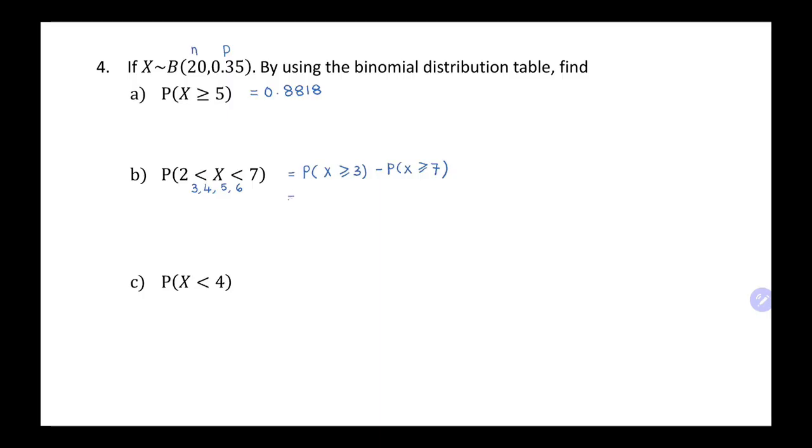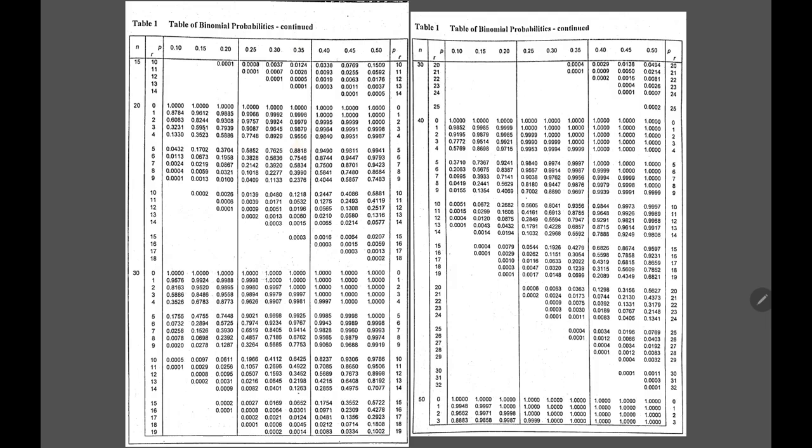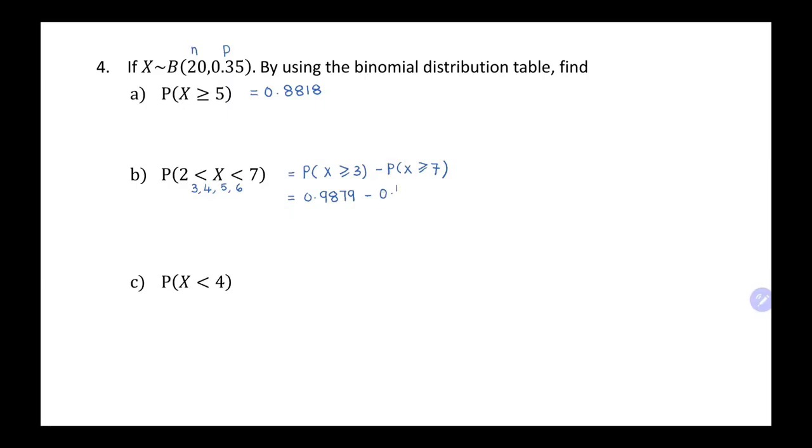So we put the answer 0.9879. Then we minus P(x greater than or equal to 7). So we look at r equals 7, and r equals 7 is 0.5834. Then we minus, we get the answer 0.4045.